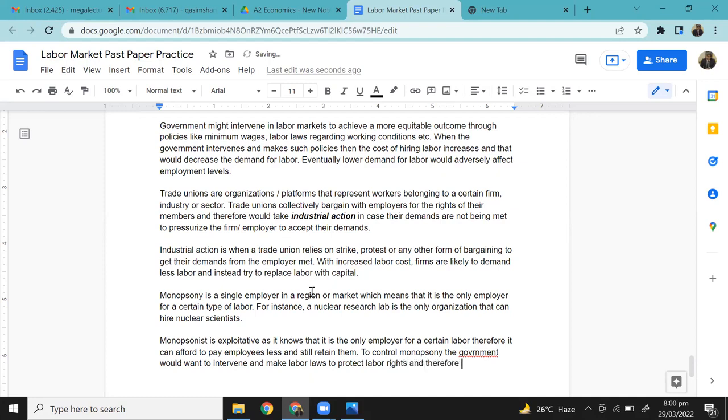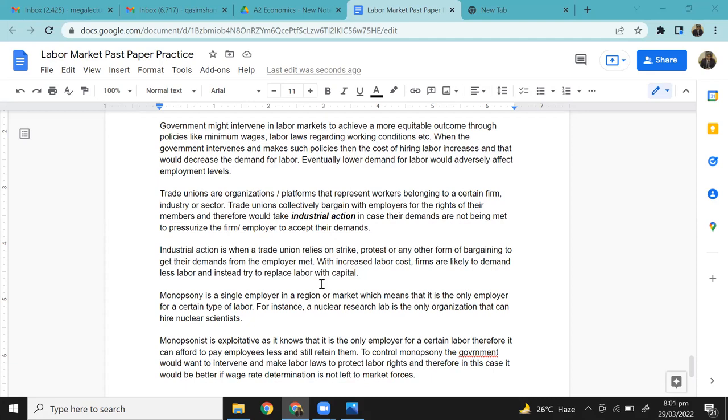Therefore, in this case, it would be better if wage rate determination is not left to market forces. Are you getting me?